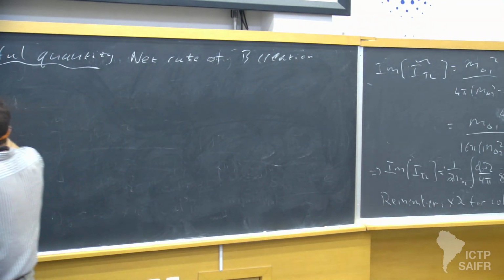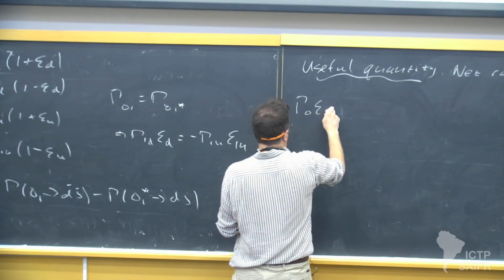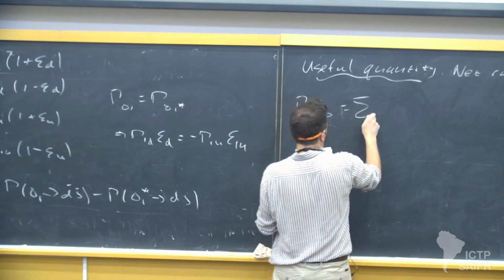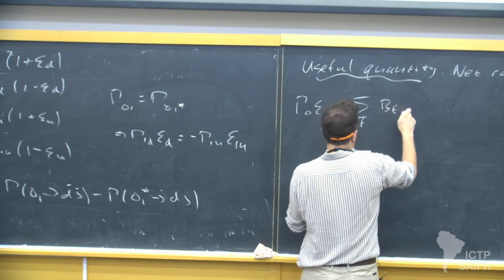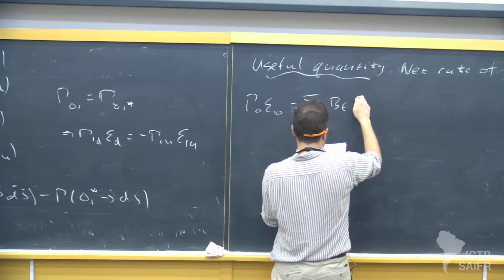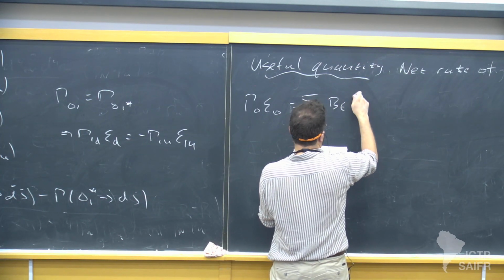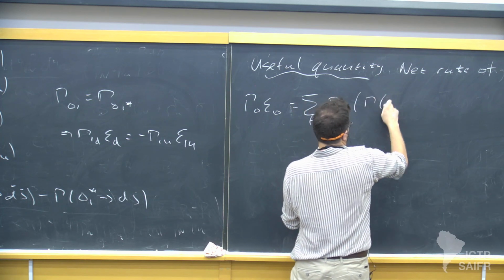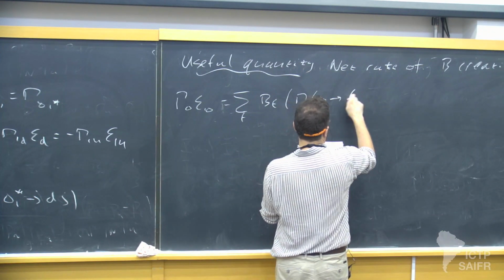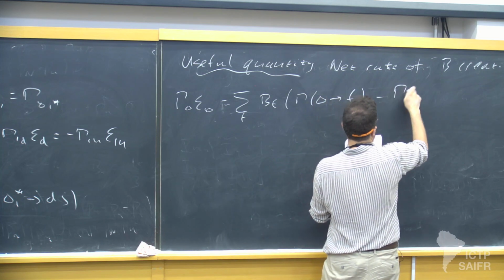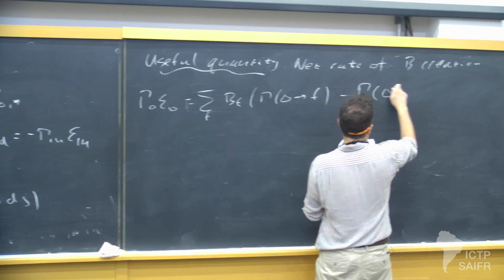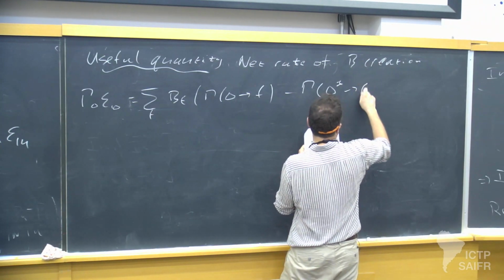And this is just given by a sum over the final states. So you weight each final state with its baryon number, and then take into account that you have both deltas and the same number of delta stars initially, yeah?